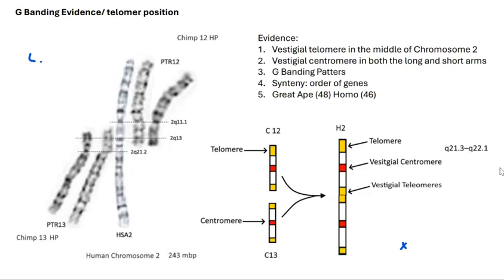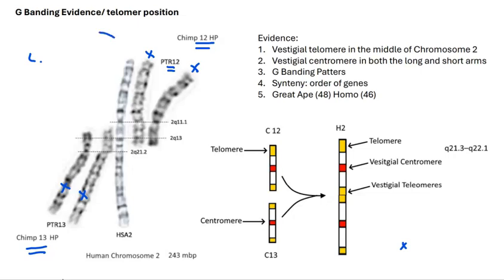So if I could explain this, these two here and here are both the chimp homologous chromosomes, pair 13. This one and this one are the homologous pair for chimp pair 12.